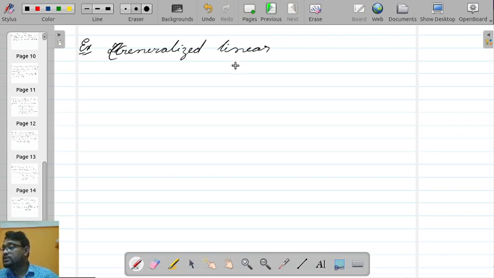Now we will see with respect to multiplication. What is it? It's on the set of n by n matrices.